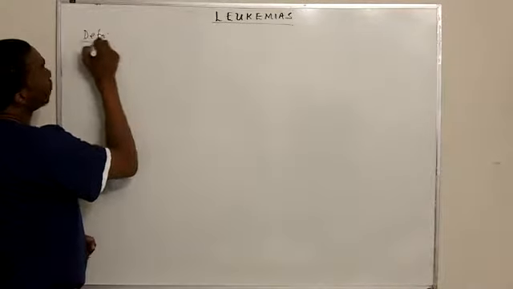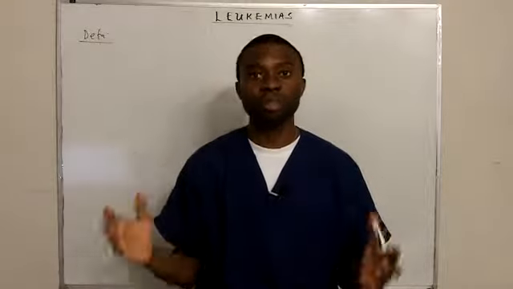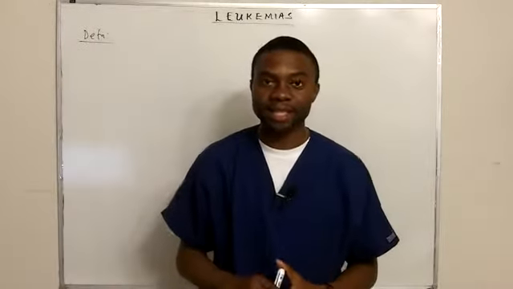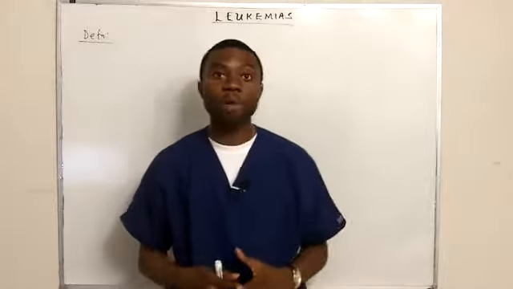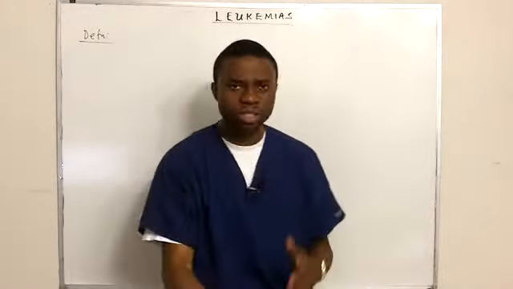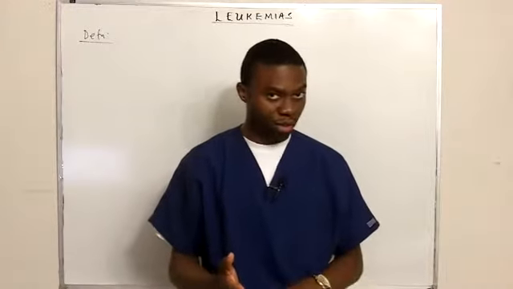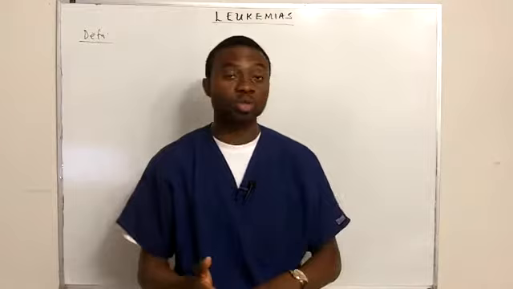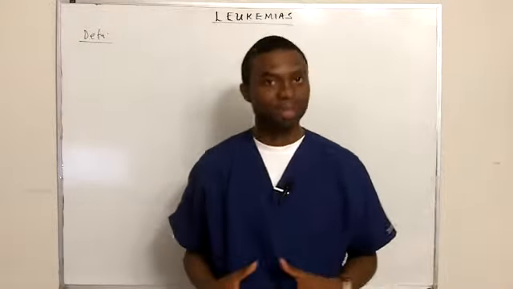The definition of leukemia is simply cancer of the blood. It can get easier than that, especially cancer of the bone marrow. Well, wait a minute, what does the bone marrow do? The bone marrow makes white blood cells, correct? Good. It also makes red blood cells and has megakaryocytes that make platelets.